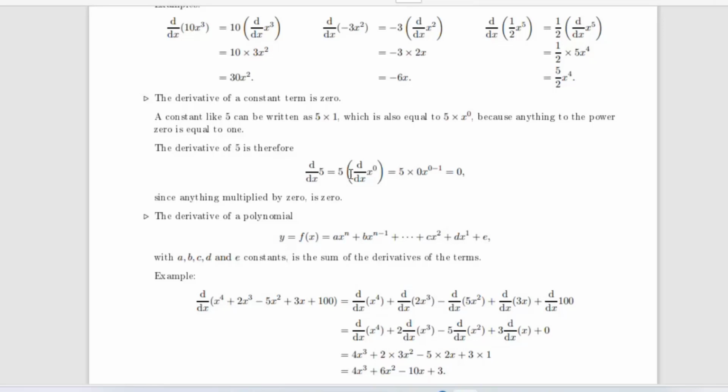We are saying that anything to the power 0 is equal to 1. Anything, including 0. Okay, that is interesting. When we say anything, do we exclude 0 or do we include it?